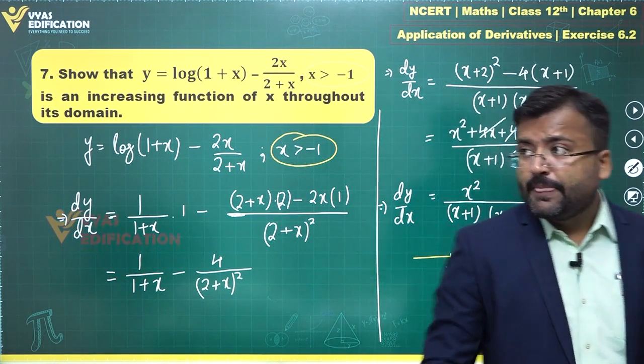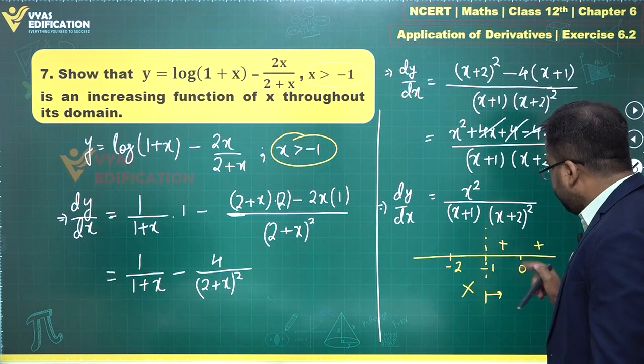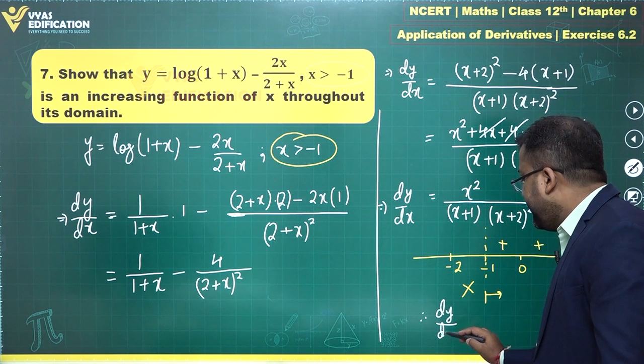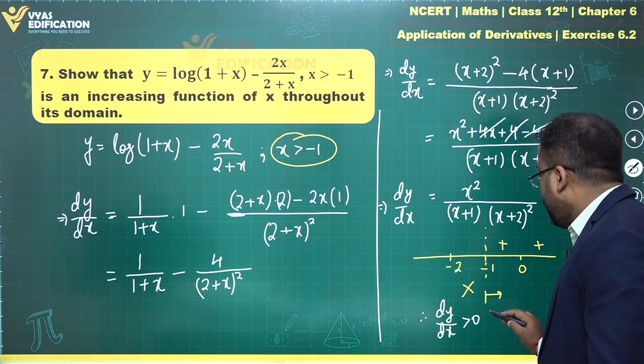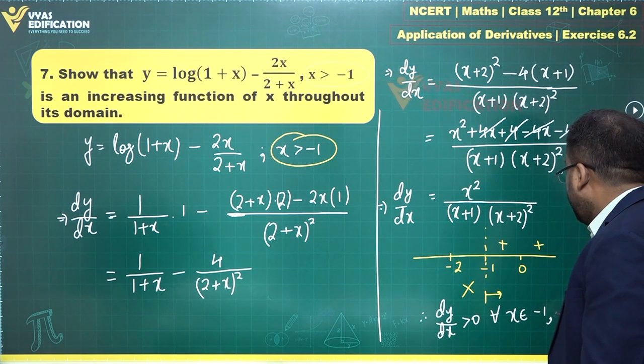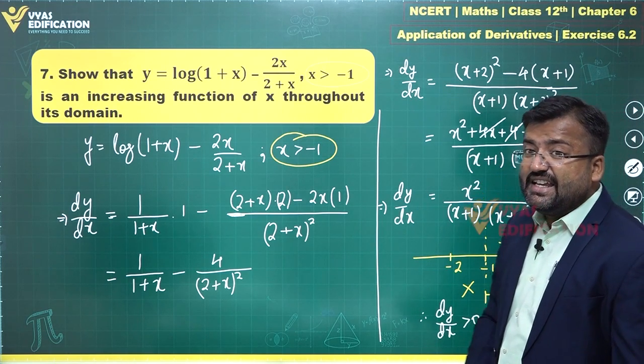Is that okay? Yes. And once we are through with this, on the basis of this, we can comment, therefore, dy by dx, the derivative, is greater than 0 for all x belongs to (-1, infinity). In this interval, you can say that the function is increasing.